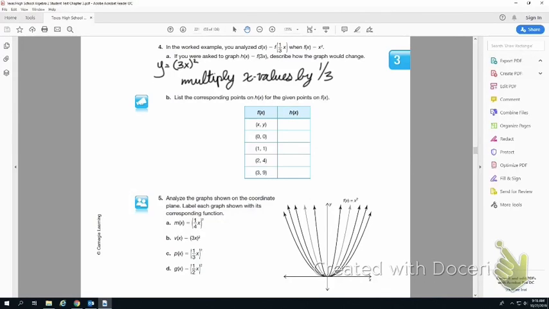So go ahead and go through this one and multiply those by 1/3.